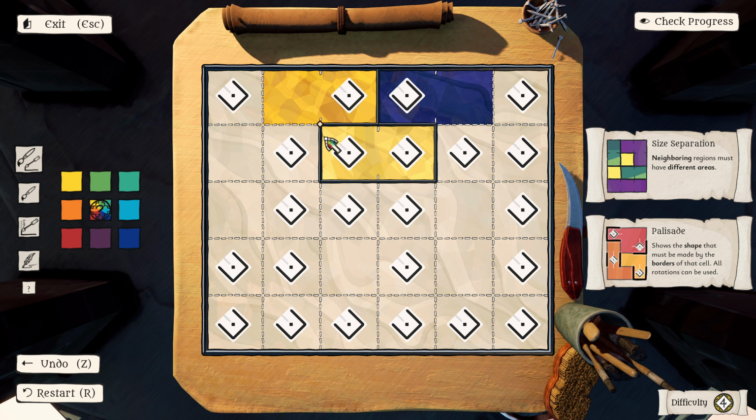That has to come out to there. It could make a T-shape, but they must have different areas, so they can't both make T-shapes. This is going to have to match to there or there, which means those are lines.